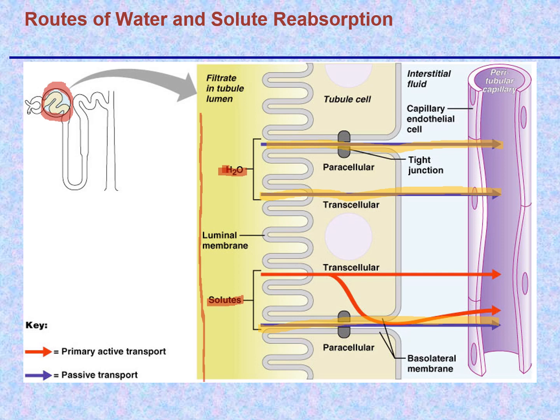And you go from the lumen of the tubule across the cells that line the tubule, and then across the endothelial cells that line the capillary to get into the bloodstream.